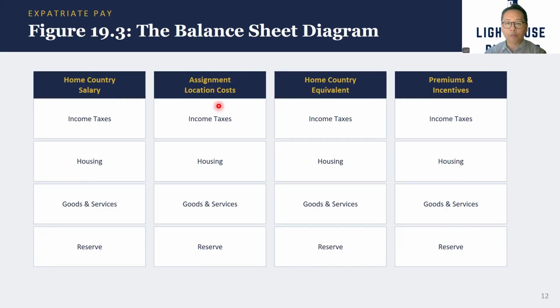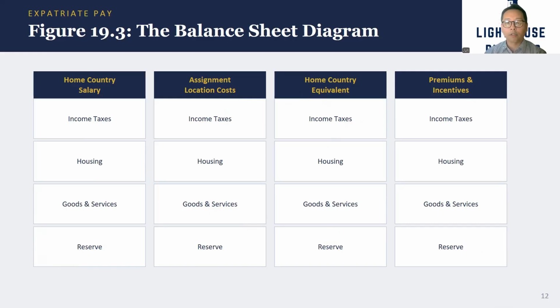The second column represents the actual costs of the assignment location, using the same 4 categories. The third column shows what it would cost to give the expatriate the same purchasing power and standard of living they had at home, translated into the new location. The fourth column adds premium and incentives on top, the extra rewards for accepting the assignment.